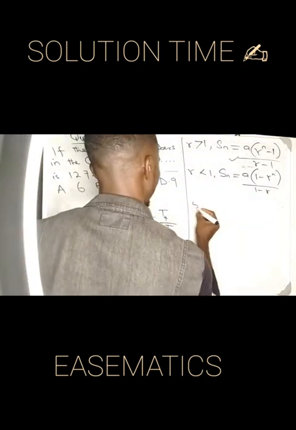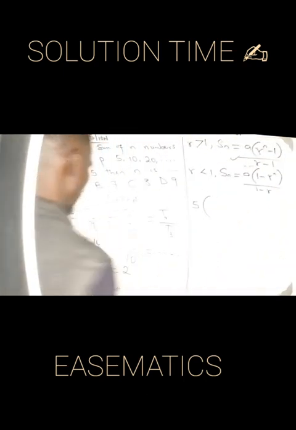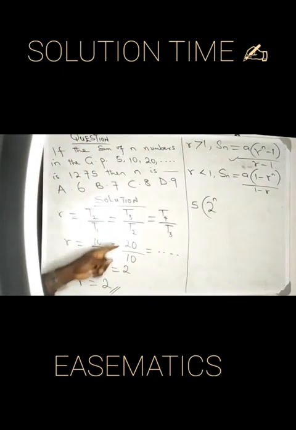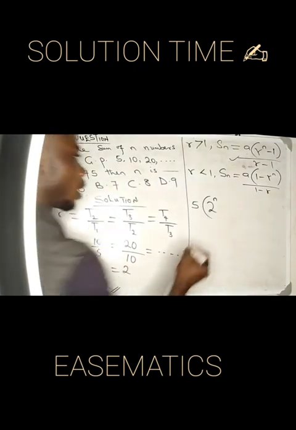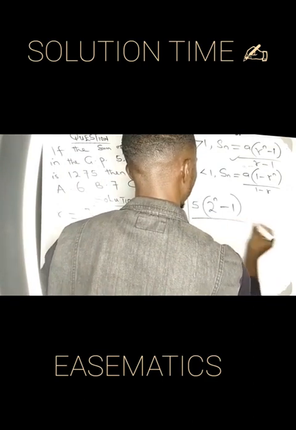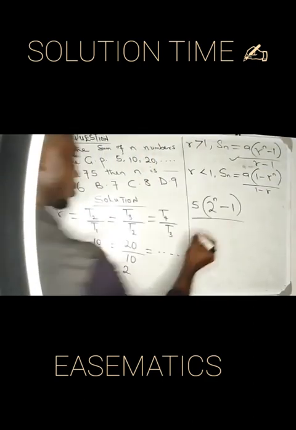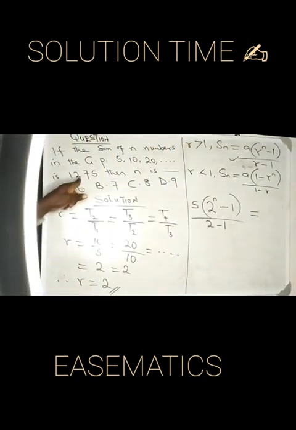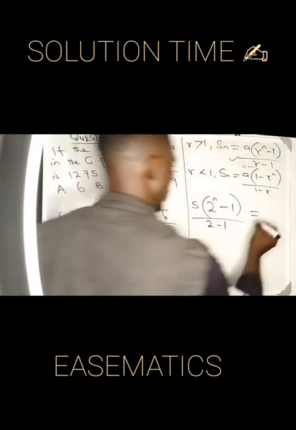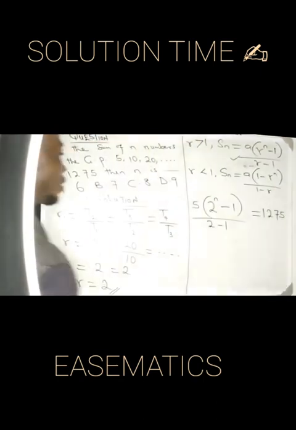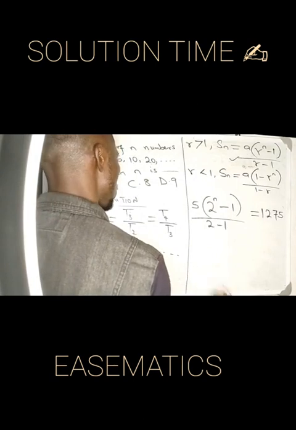So we have 5 times (2 to the power of n, of course we don't know what n is, that is what we are looking for, minus 1) all over 2 minus 1, which is equal to the sum of those n terms, 1275. 2 minus 1 here is 1.